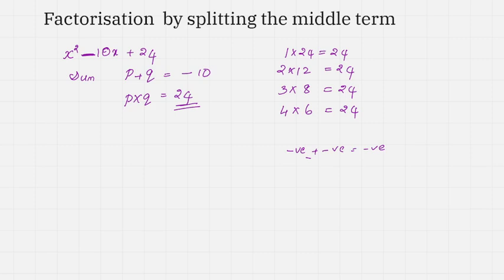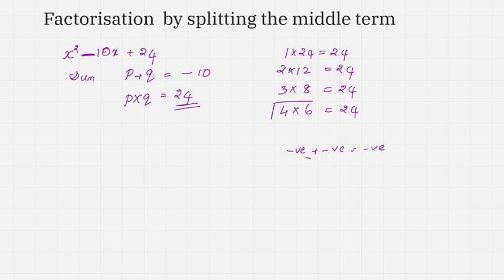If either one of the numbers is negative, then you will get the product of the numbers as negative. But here it is clearly given the product of the numbers should be positive, right? So we will consider the combination in such a way that the sum should be minus 10.